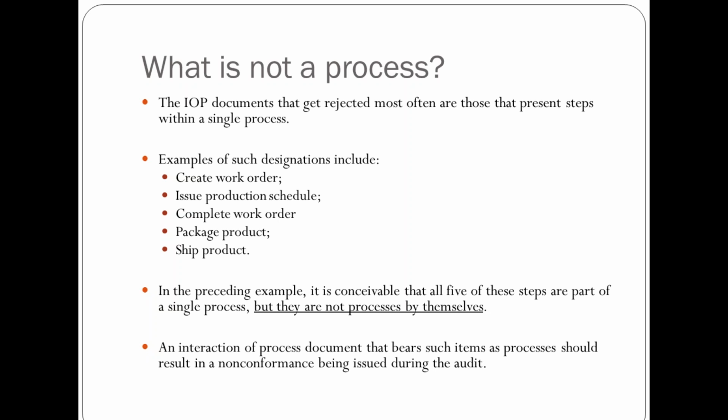And of course, the correct way to understand this is that these are steps within a process. When we get an interaction of process document that reflects these types of items and presents them as the processes of the organization, in most cases we're going to be concerned about that and potentially going to be issuing a nonconformance.